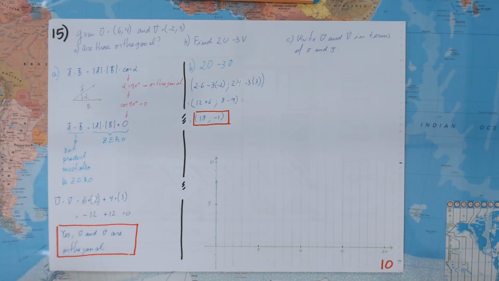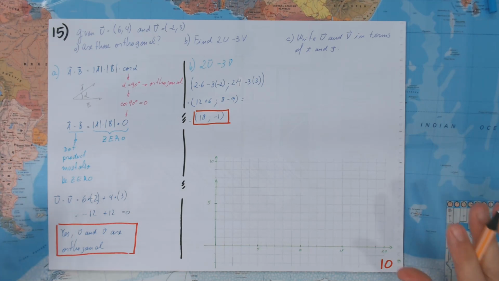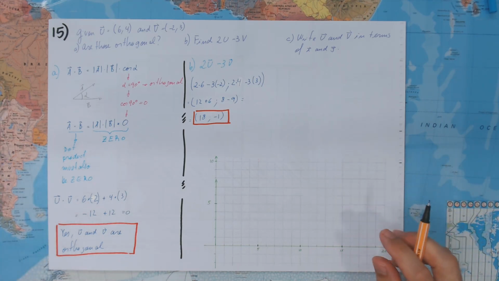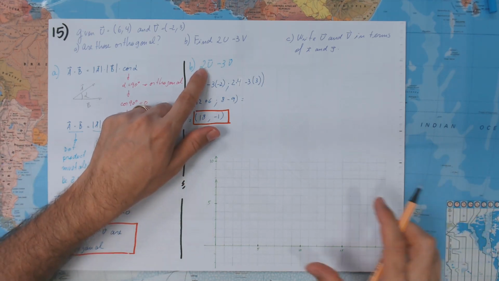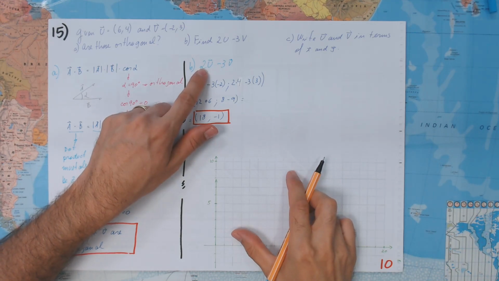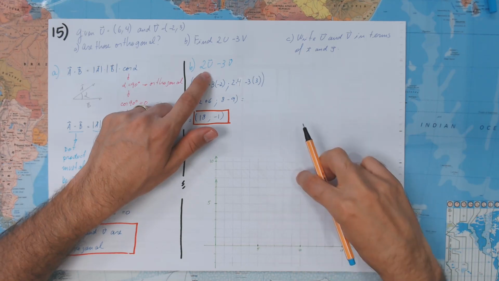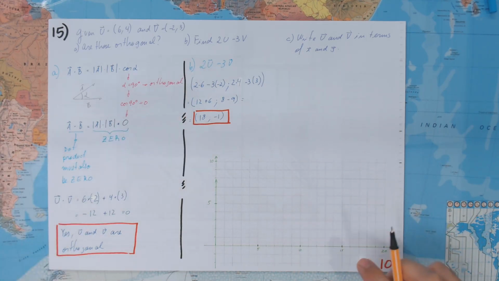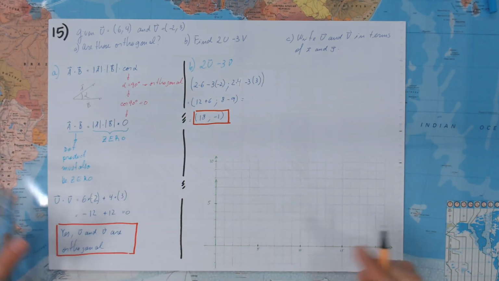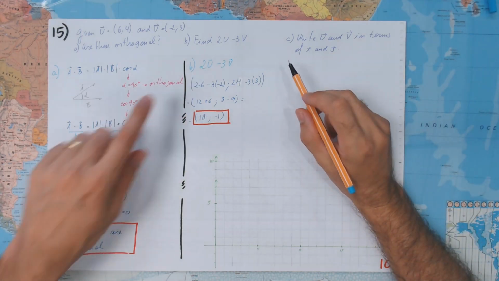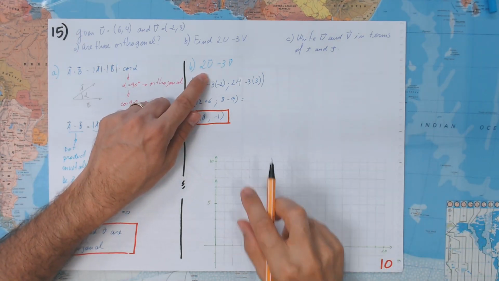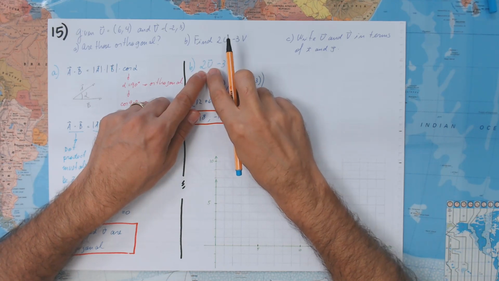Okay, now let's start to add, but I'm going to do it in a different way. I'm not going to make a vector 2u. I'm going to make u plus u minus v minus v minus v. We have two vectors u, because 2u means u plus u, right?